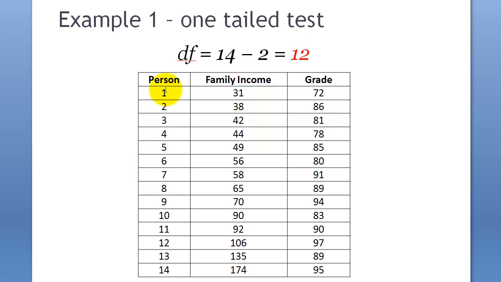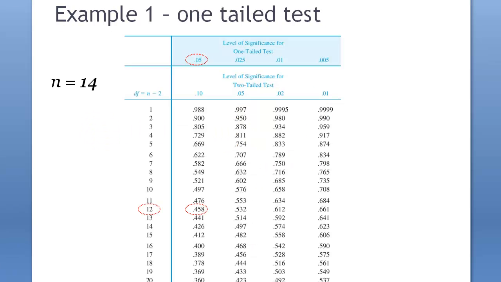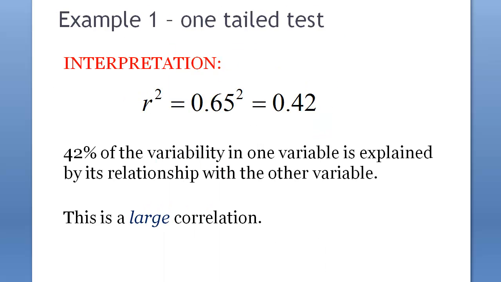In this case, there are 14 people, so it's probably like 6 people, 6 of them can be explained by the correlation here. Explain, it's not the best way to say. What should I say? One variable explained by its relationship.